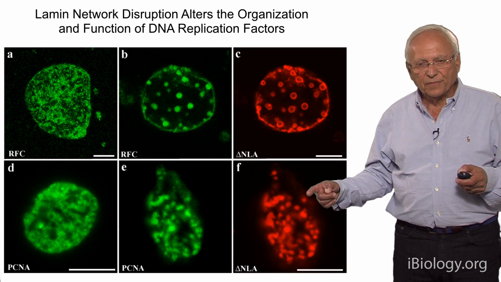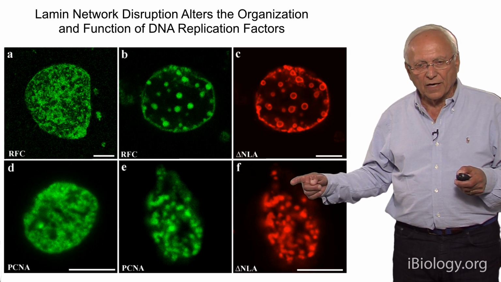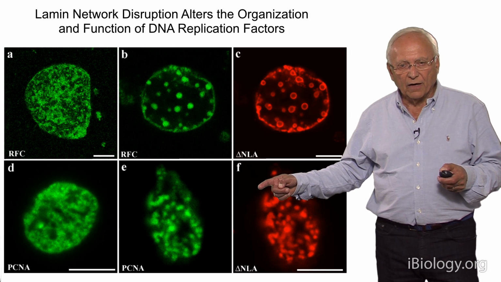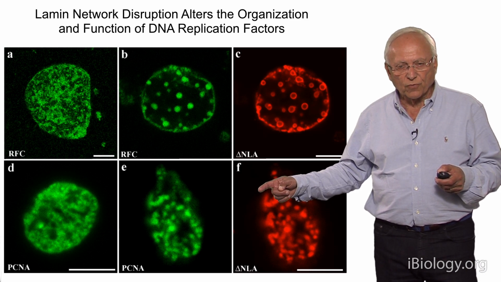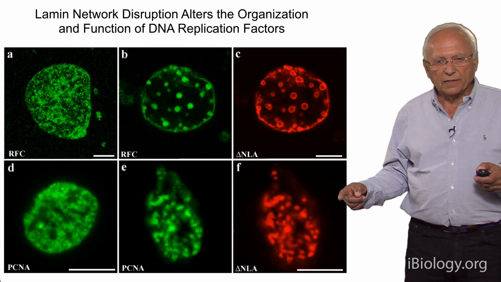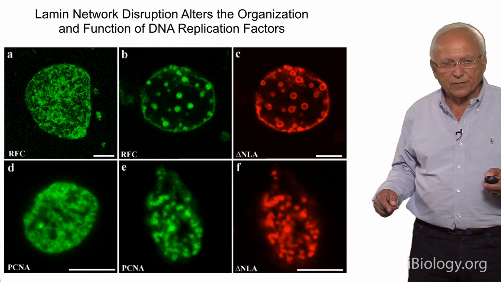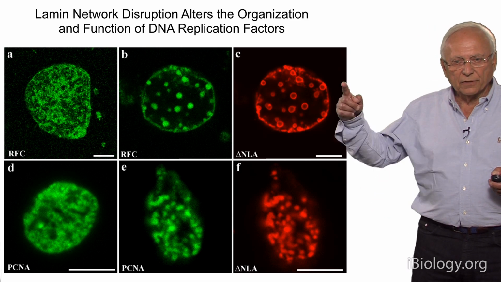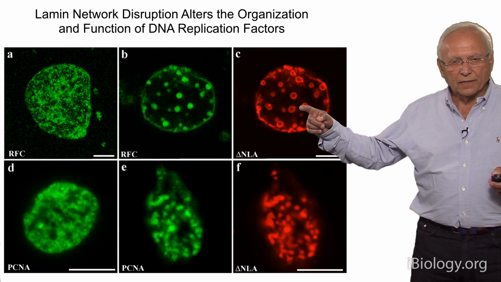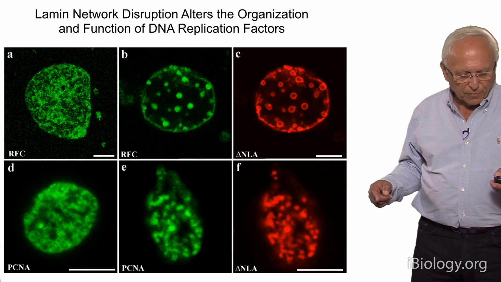And you can see here that both of these factors seem to line up or co-localize with the aggregates of lamins that form upon disruption of the lamin network. And this, of course, is double indirect immunofluorescence as an assay. On the top, the upper left and lower left are the controls for these experiments.